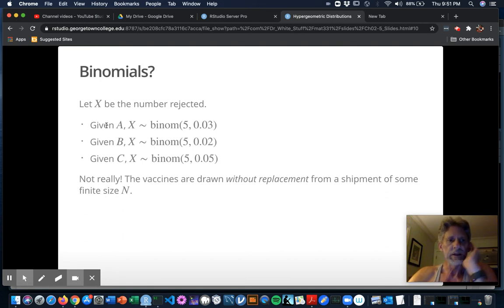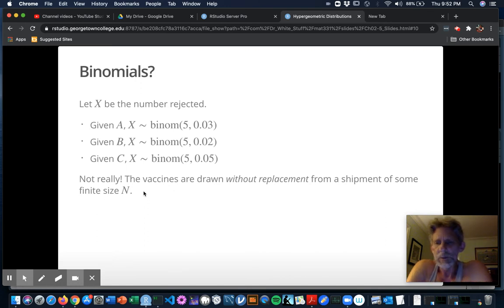So like we said, if the shipment came from company A, the number of vials that were ineffective would be a binomial random variable with 5 trials, chance of success 0.03. And same for the other counts that come from tests from other companies.